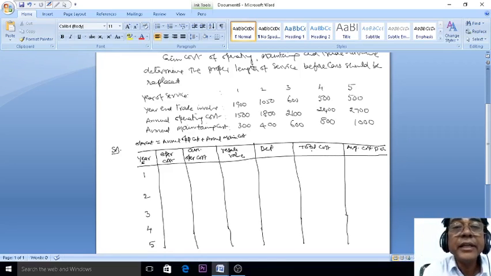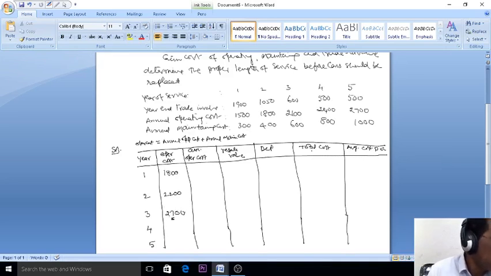So 1500 plus 300, 1800. 1800 plus 400, 2200. 2100 plus 600, 2700. 2400 plus 800, 3200. 2700 plus 1000, 3700.